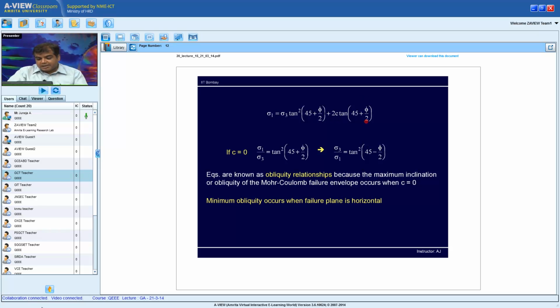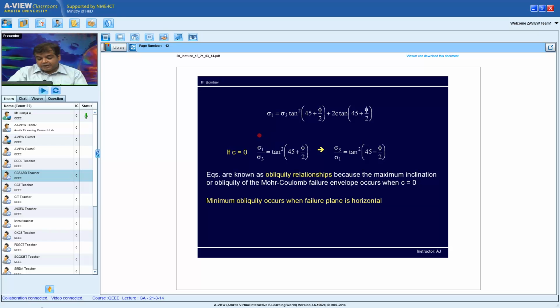In this, the same equation which we have written at the back, if you look carefully, what happens in a situation when c or c prime is 0? My expression becomes sigma 1 equals sigma 3 times this whole thing, or sigma 1 by sigma 3 equals this value. In some textbooks, this whole thing is written as the obliquity relationship.